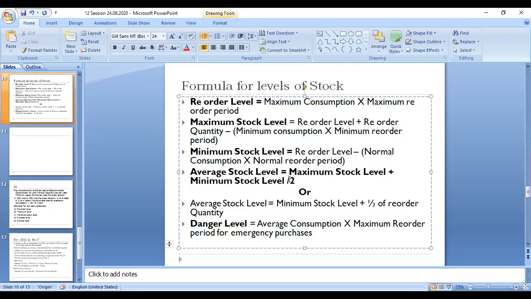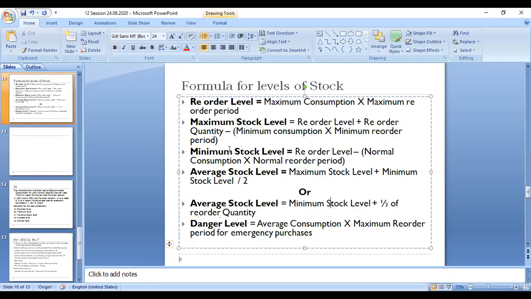What is the average stock level? The answer of maximum plus minimum stock level divided by 2 is called the average. You divide the value by 2 and you get the average stock level. There is one more formula for the average stock level: minimum stock level plus one by two of the reorder quantity.